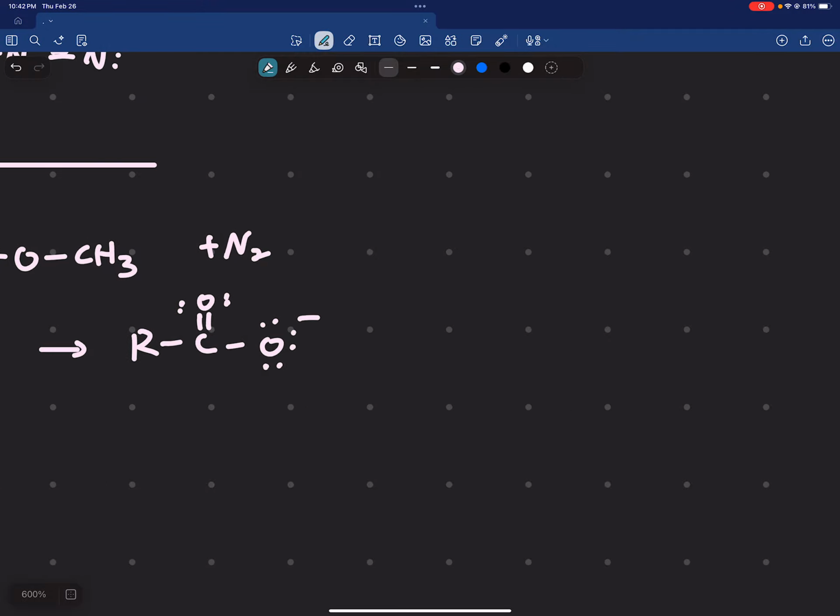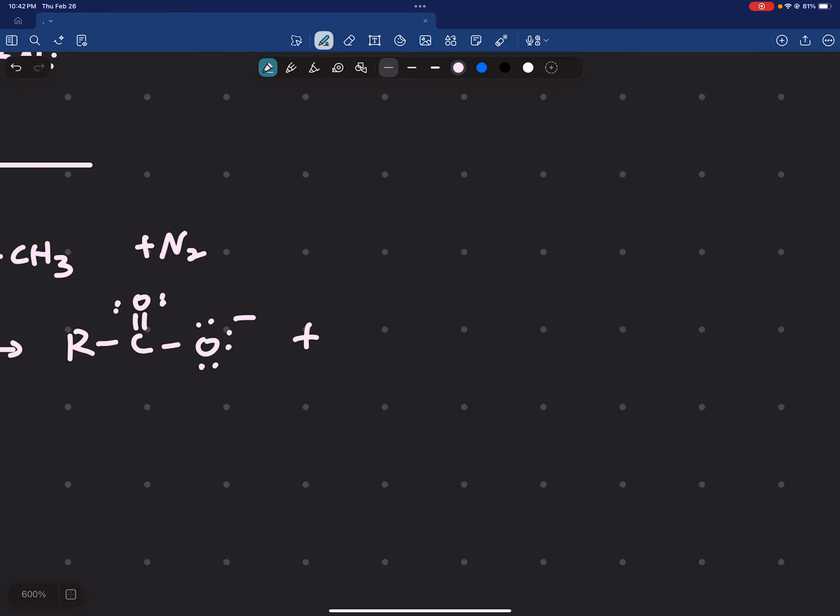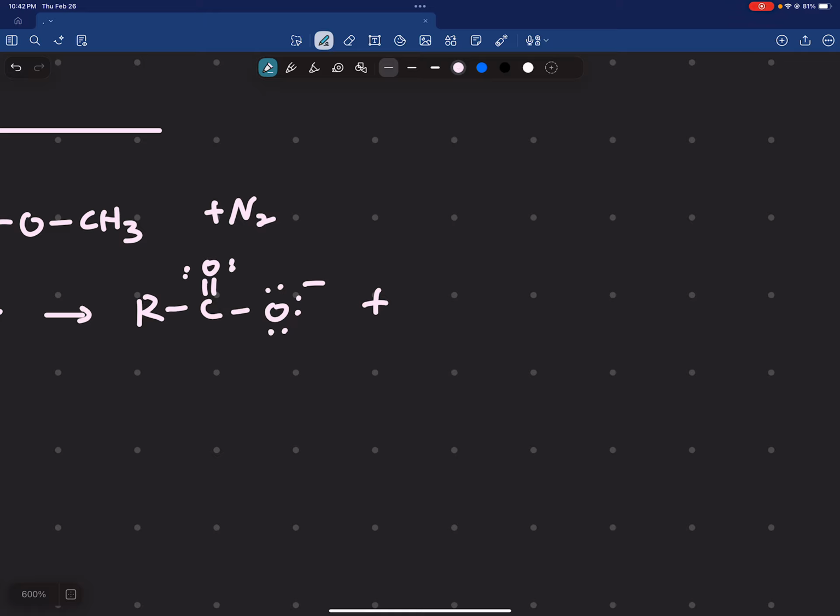In the second step, this is going to form a bond between the nucleophilic oxygen and the electrophilic carbon of the methyldiazonium cation that we've created in the previous step.